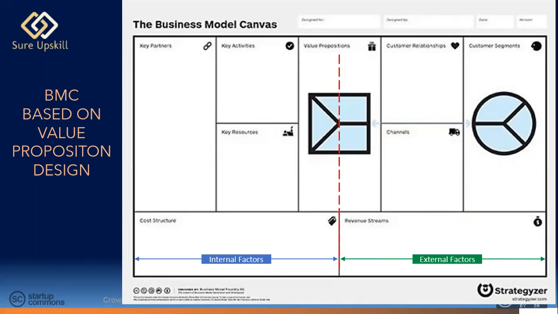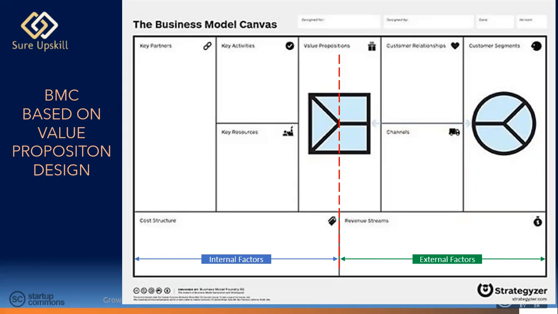Meanwhile, you will notice that there is a red dotted line which is dividing the canvas into 2 parts. On the right side, we have the external environment where we deliver what we create.